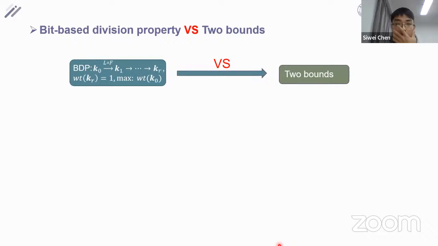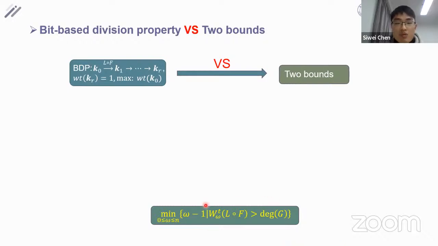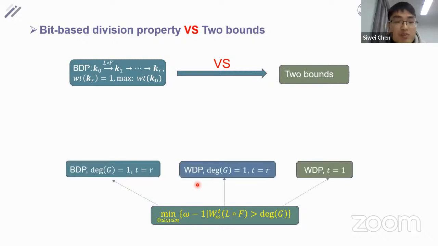So let us focus on the bit-based division property with the two bounds. This is our bridge. By fixing different values of t and considering different types of division property, we have three models. In the first model, we consider the bit-based division property, and G is an identity function.